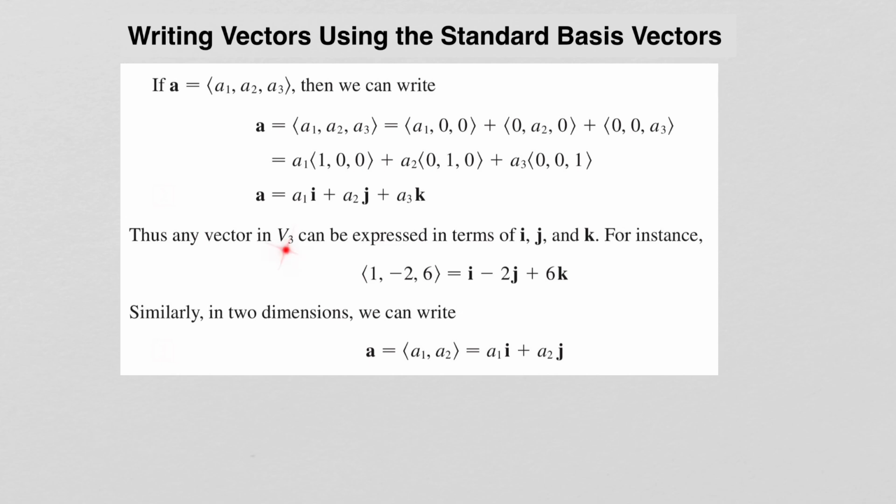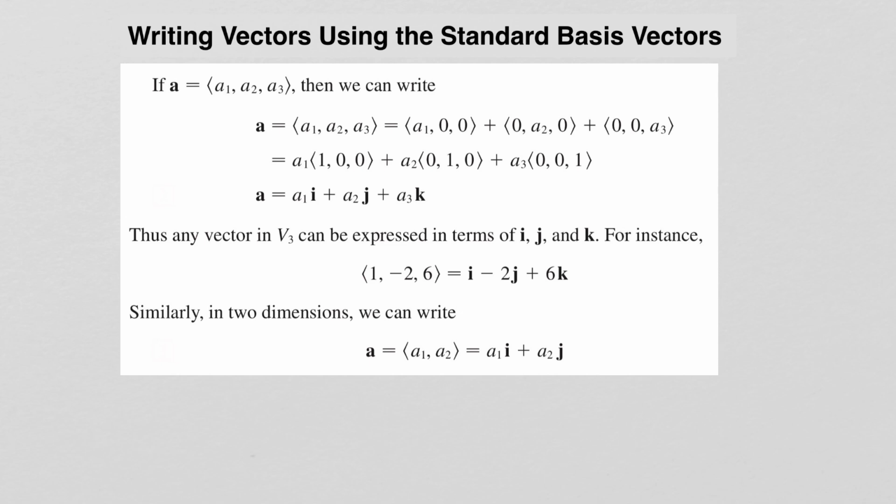Therefore, any vector in V3 can be expressed in terms of i, j, and k. So for example, the vector 1, negative 2, and 6 is 1 times i, minus 2 times j, and plus 6 times k. So it just gives us another way to write vectors.